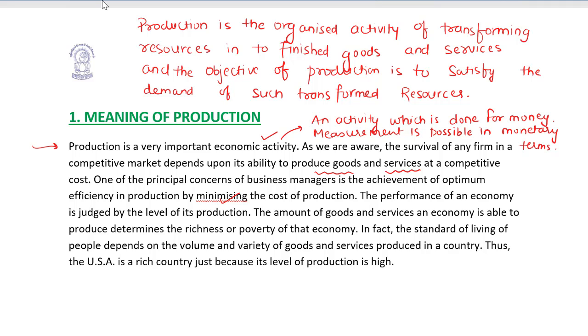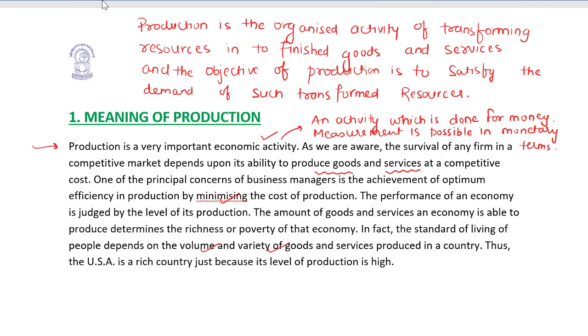The performance of an economy is judged by the level of production at which the firm is doing the production. The amount of goods and services an economy is able to produce determines the richness or poverty of the economy. In fact, the standard of living of people depends on the volume and variety of goods and services produced in the country.